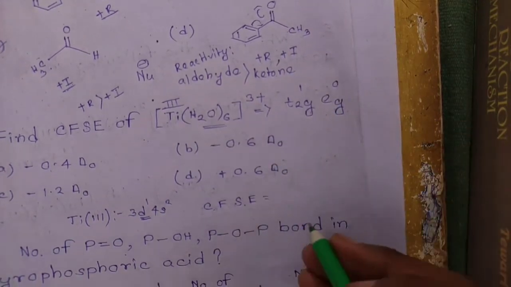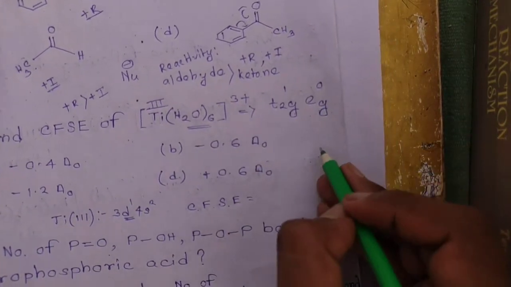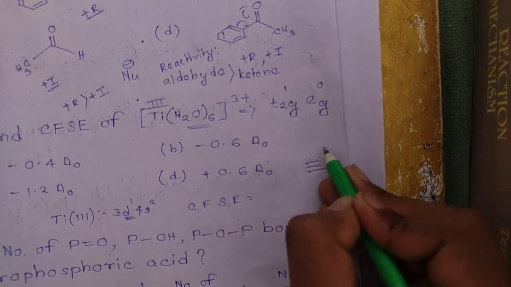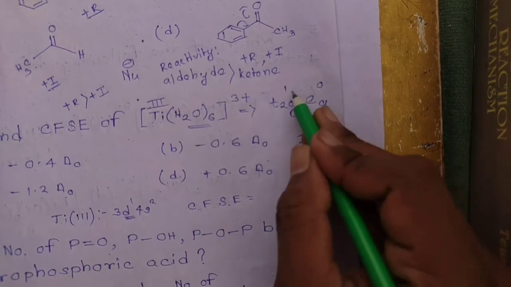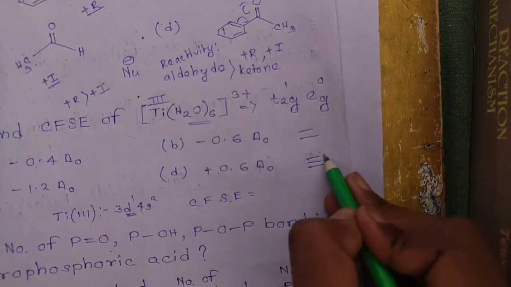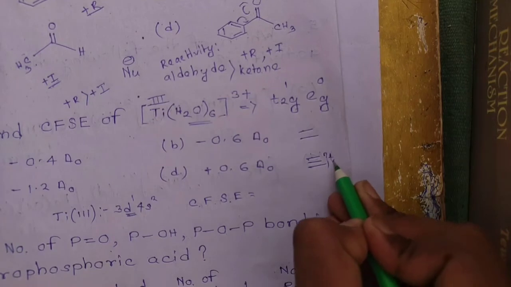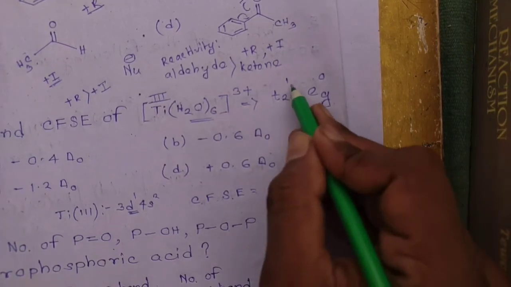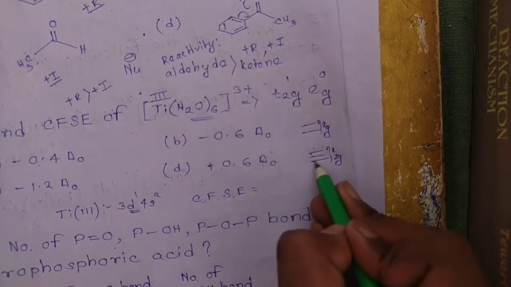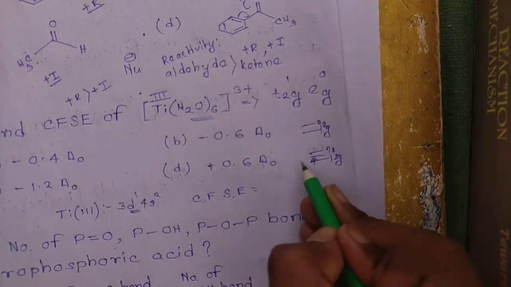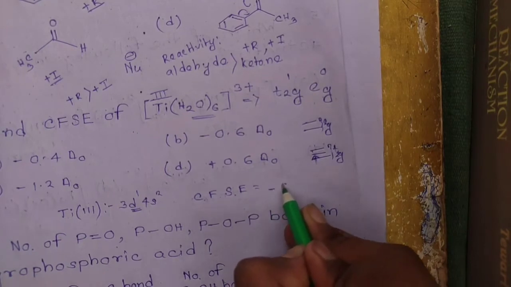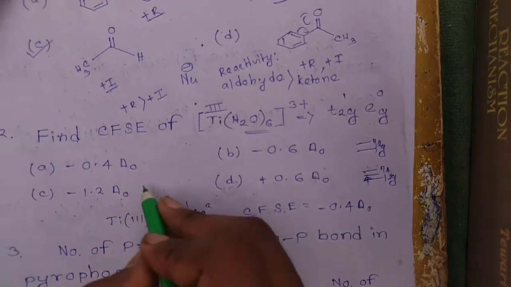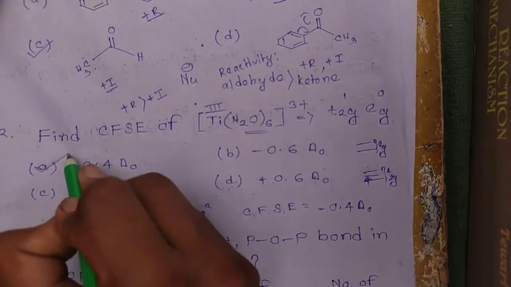So now for the t2g level, here we can write like this, that these are the t2g level, and these are the eg level. Now this one electron occupies one of the lowest t2g orbitals, and for this we have energy minus 0.4 delta O. So we can easily answer this question, option A.